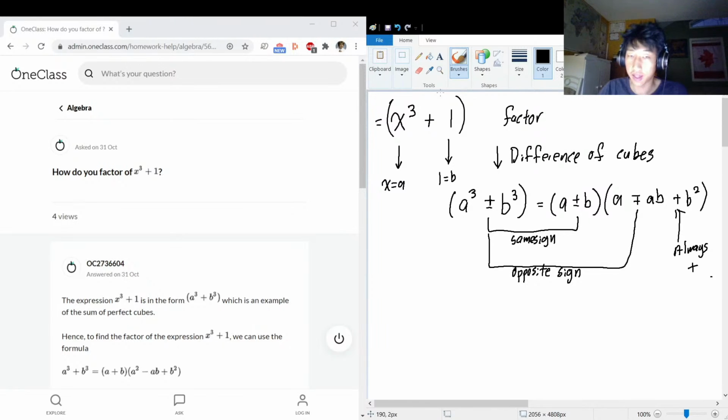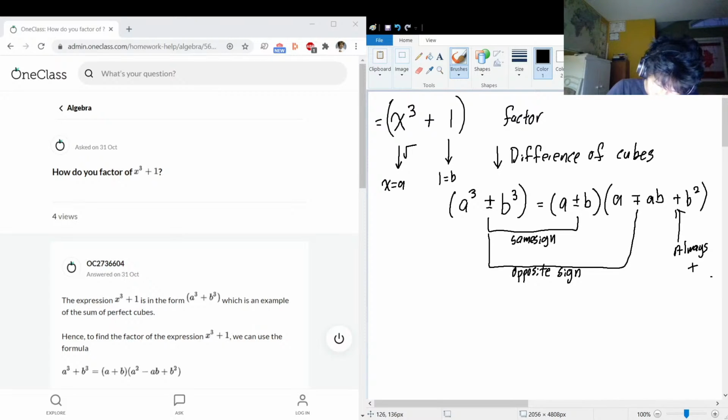Now, if this was like plus 125, you would have to take the cube root of that first. So if it's 125, b would be equal to 5. That's just an example, but there are other types of cubes where you can just take the cube root before you set it to a and b.